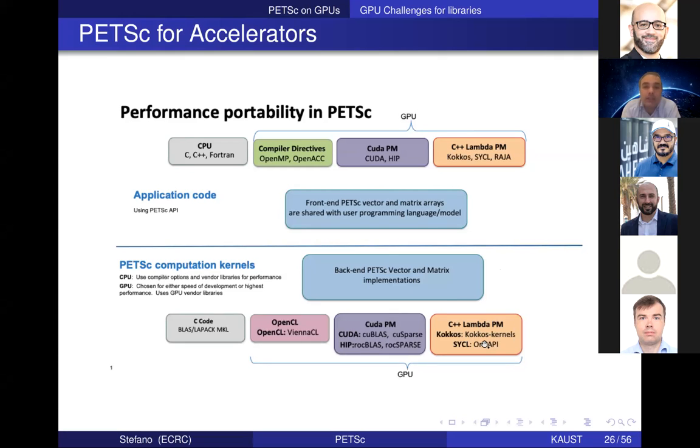In the backend, PETSc will make use of different, specific implementations for the specific hardware. For example, it already uses cuSPARSE and cuBLAS on NVIDIA hardware, and it will soon use rocBLAS and rocSPARSE on AMD platforms. And as I said, PETSc already has support for Kokkos.